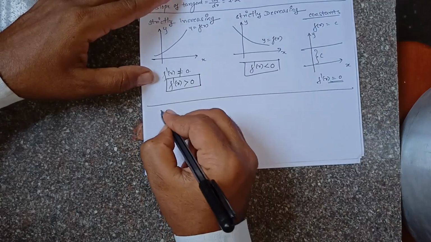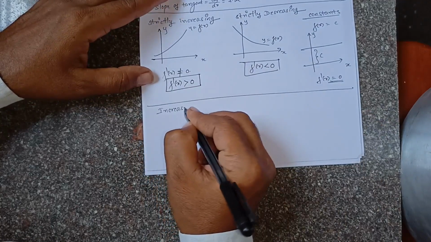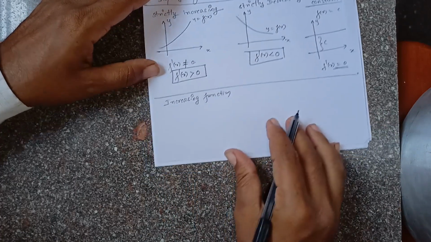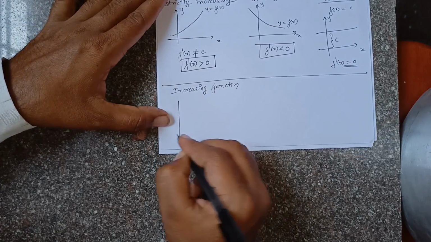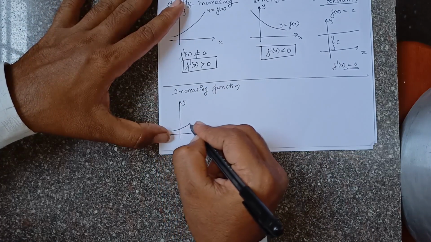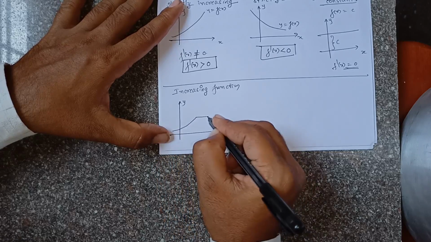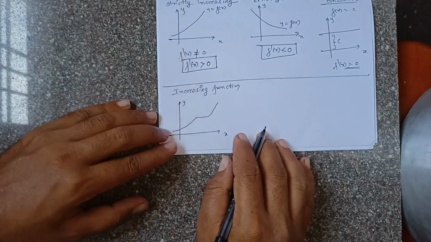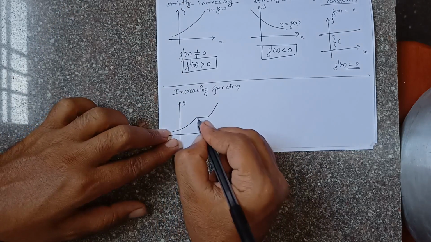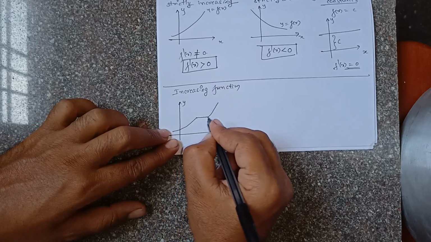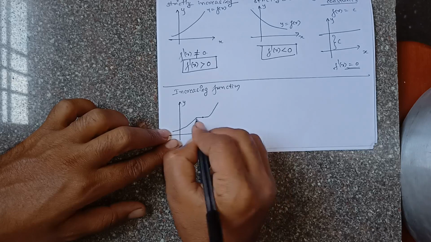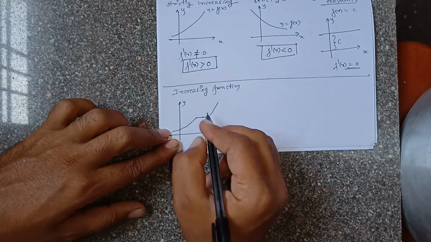And then if simply it is given like an increasing function, in the sense, the graph we may consider like this. This is the y-axis and x-axis. You observe here, up to this point it is continuously increasing. Here it is a constant function. That means if you take any point here and draw the tangent to that point, here what happens?